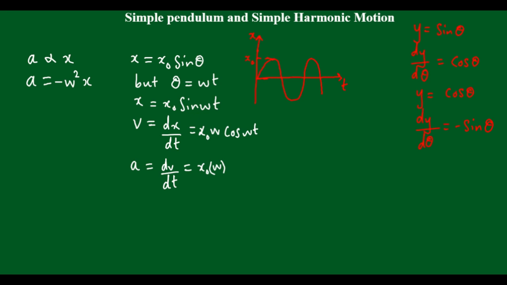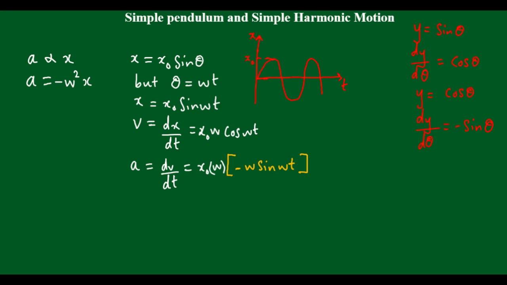So let's differentiate cos Wt. If we differentiate cos Wt, we are going to get negative W sine Wt.